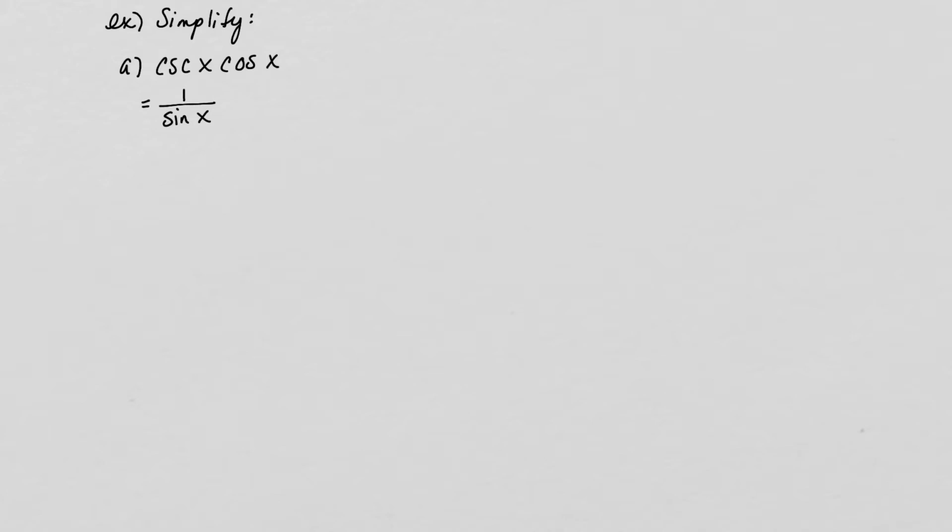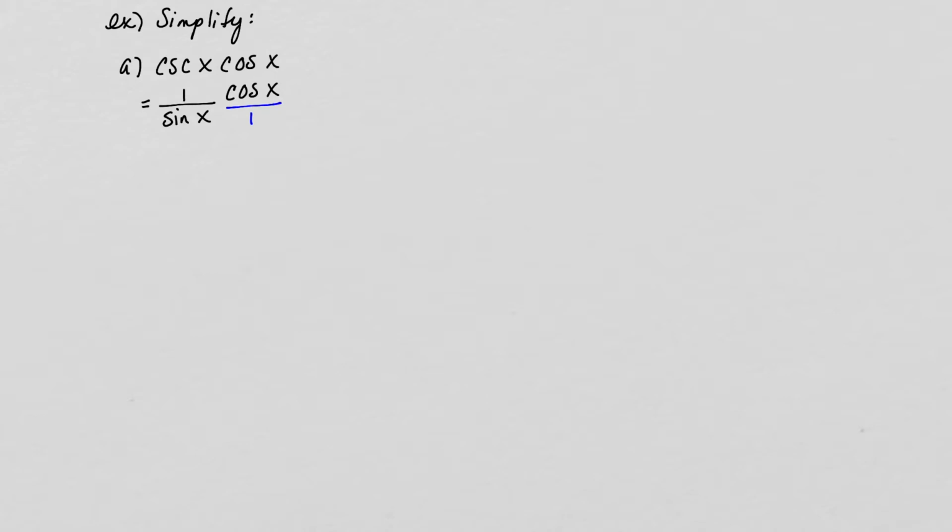Okay, so I've got the cosecant of x, which I can write as 1 over sine x. I have the cosine of x, and there's nothing really for me to do with it, so I'm going to leave it as cosine of x. But I can think of this as the cosine of x over 1. Now I have two fractions that I can multiply together.